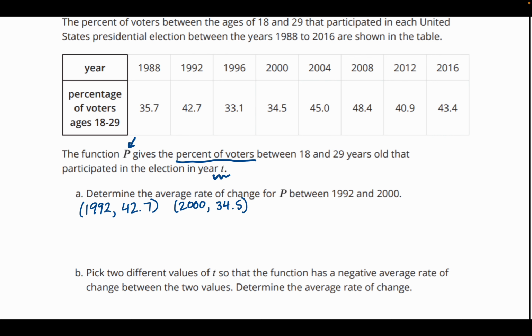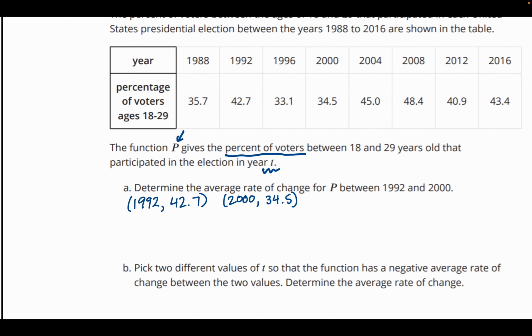Now, while you can do y2 minus y1 over x2 minus x1, I prefer to just sort of stack these up. So what I'm going to do is take this entire thing, and I'm going to write it underneath here. So this is 1992 and 42.7.